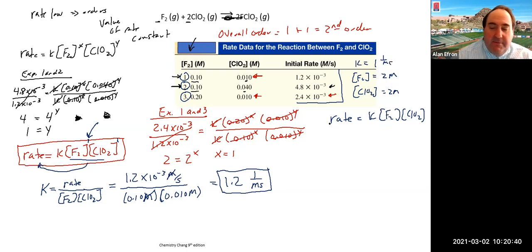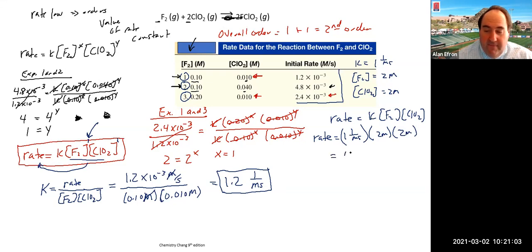So just keep the numbers pretty easy. So if I wanted to figure out what my rate was, I know this would obviously be 1, and in my made up example, this would be 2 molar, and this would be 2 molar, which means I would end up with a rate of 4 molar per second, in this sort of made up example.